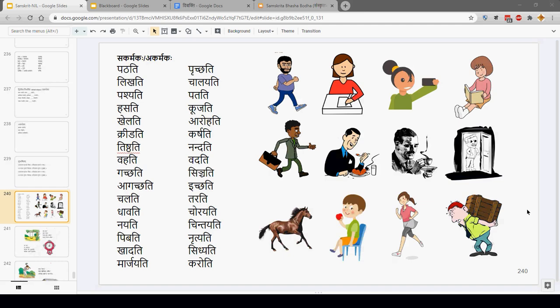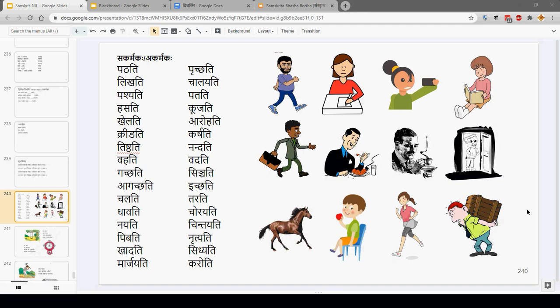Tarati. Swim. That will be intransitive. Okay, you can say that because tarati has two different meanings. One meaning, tarati means floats or swims, just float.